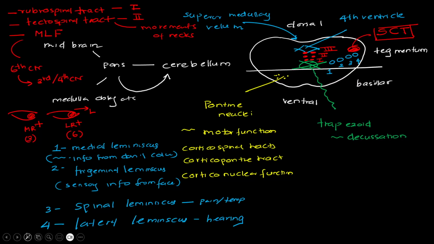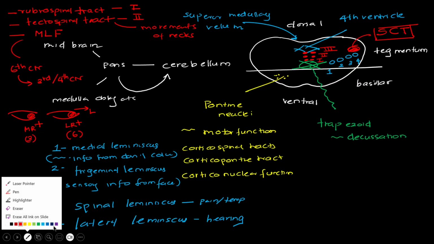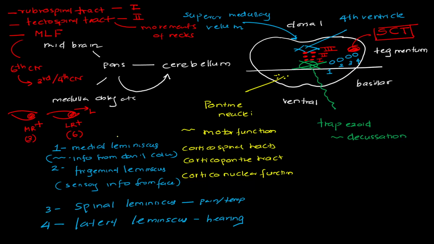Furthermore you will be seeing a few other fibers as well, very easy but still need to know. Then you have the nuclei. Now what does the pons contain? The pons contains a few cranial nuclei.